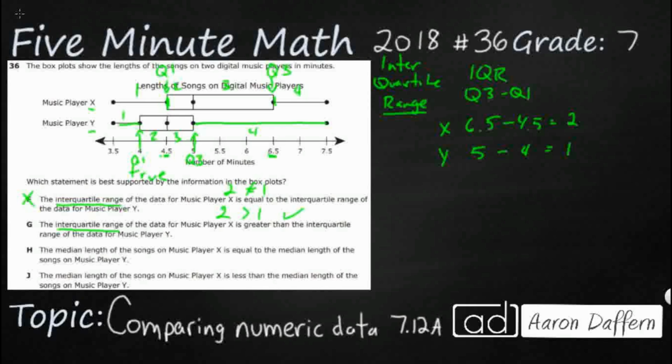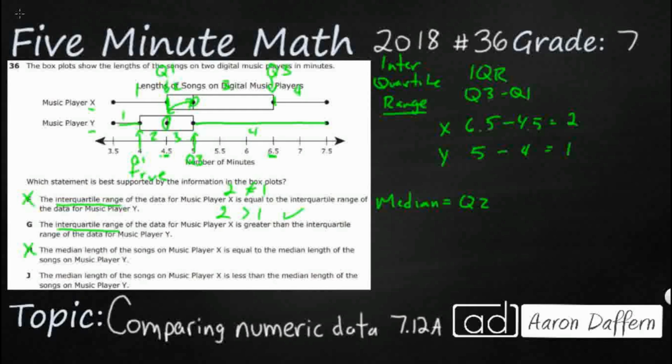Let's check H. So the median, here's the funny thing about the median. It's easy on dot plots and box plots, because the median is quartile 2. Right here is your median. So they're saying that the median length of songs on music player X is equal. I can tell you right now they're not equal because one's farther along. I'm not even going to look at that one.